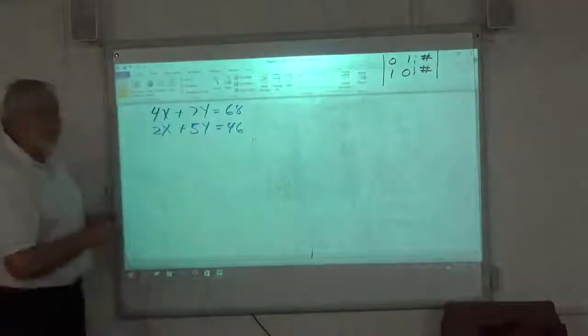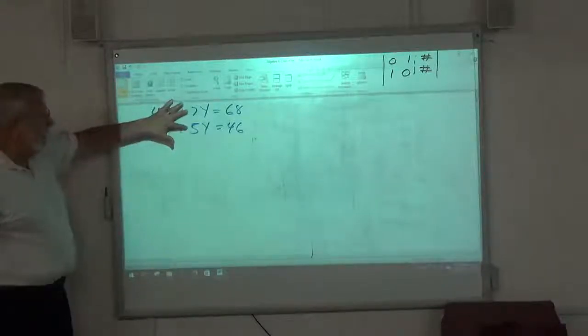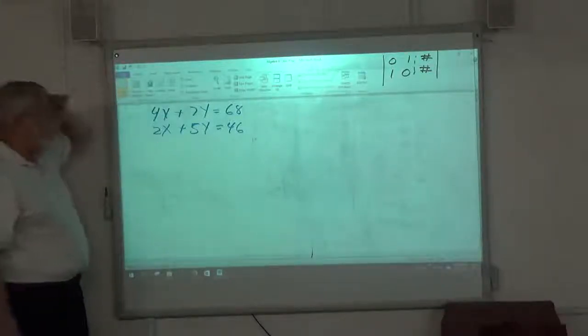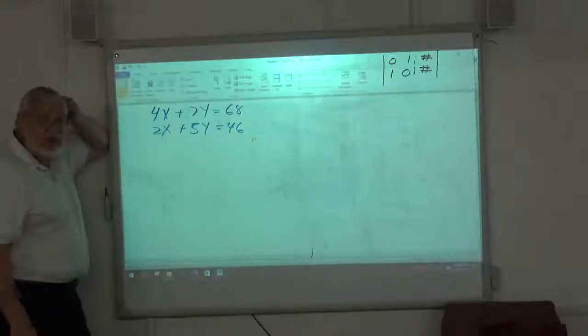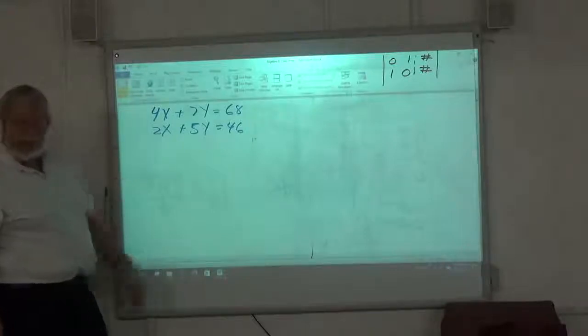But there's no, see now why is there no way to get 1? Because these two are even, right? And the only, see, I could use the elimination method. I could multiply this row by -2 and get a 0. Yes?